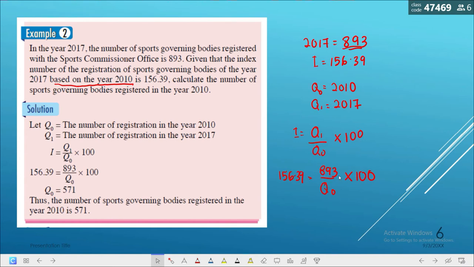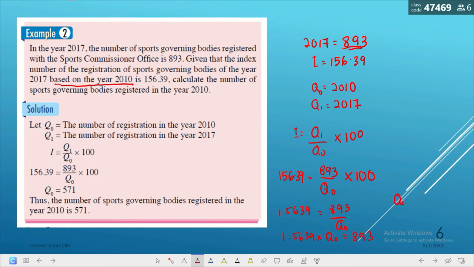So you just substitute 893, then you calculate. This one, multiply becomes divide. So I divide 156.39 by 100, and you will get 1.5639. And then 893 equals 1.5639 multiplied by Q0.